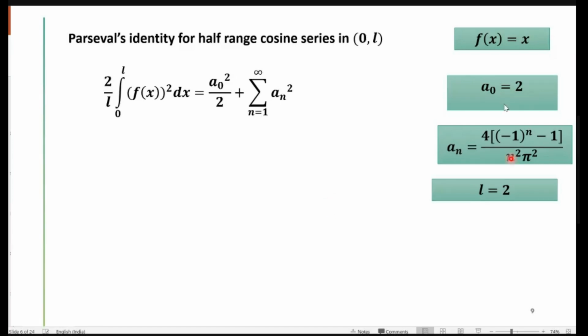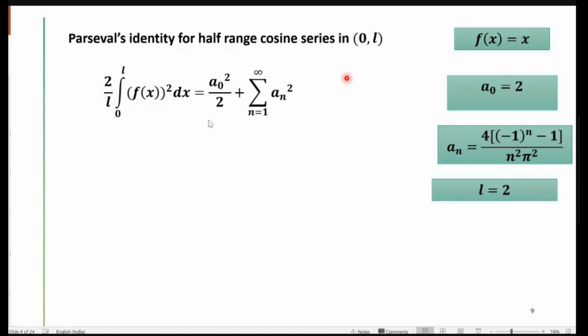Substitute all these values. Okay, L के बदले 2, f of x के बदले x, a0 is 2 and an is equal to 4 into that function in the Parseval's identity. क्योंकि f of x हमें पता है, a0 we have calculated, an also we have calculated, L is also given.